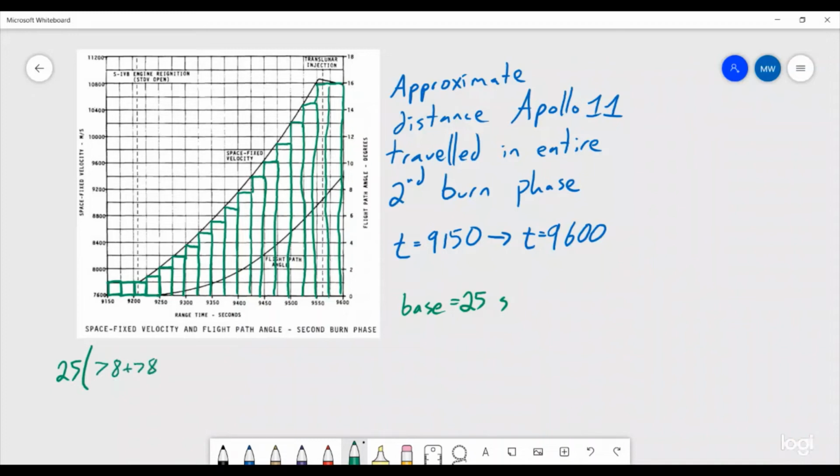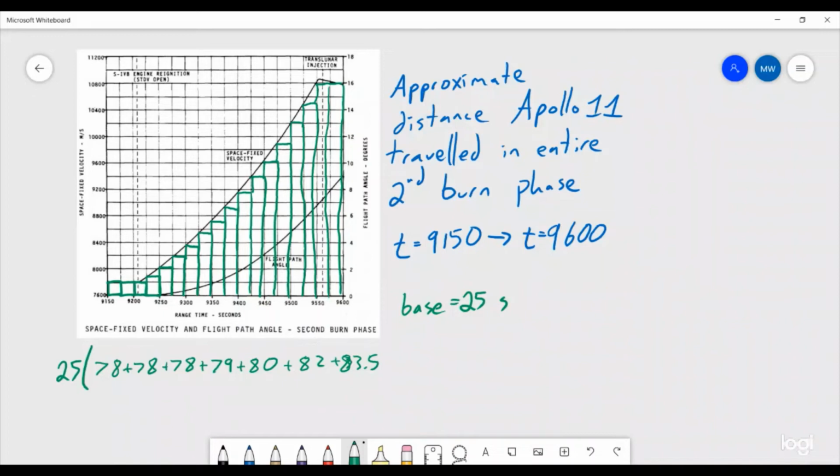So 78, 78, next one's also 78. Fourth one, another halfway up, so maybe like 79. Let's see, next one's at about 80. One's at 82. Let's see, then we got 83 and a half.